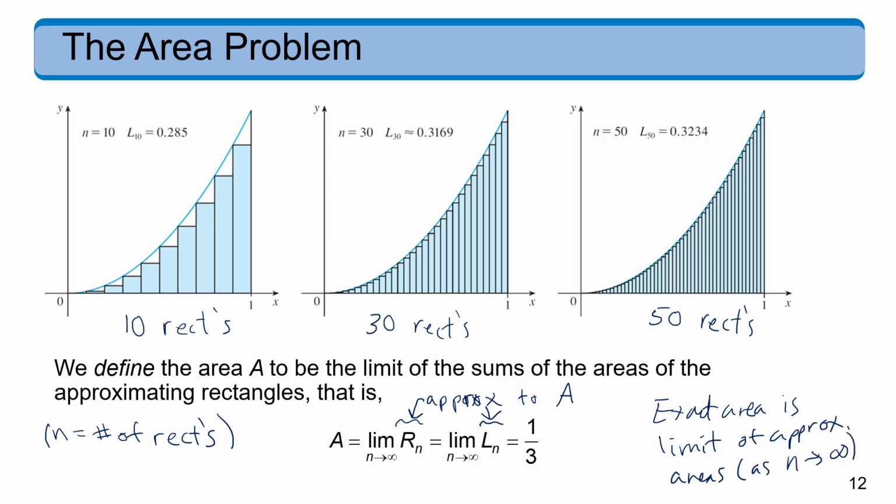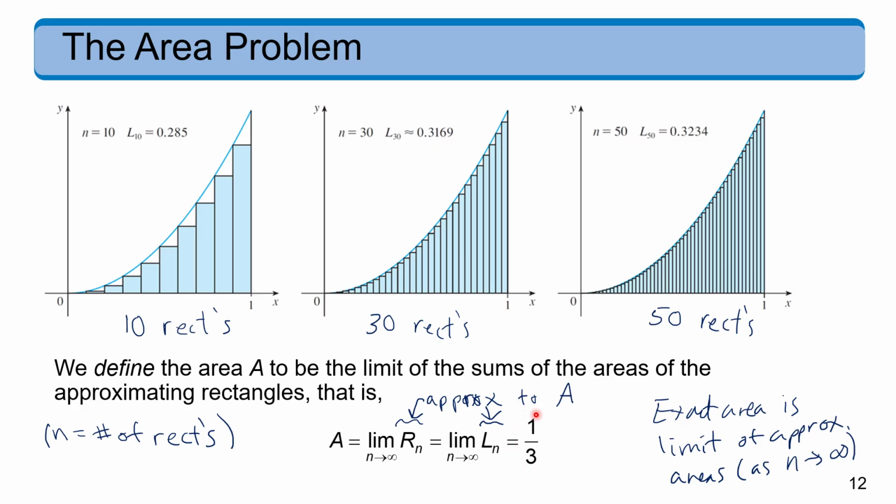I did want to point out, though, that we're really just defining the area to be that. It's not like we found this is the exact answer to the area. It just seems intuitive that this limit process would give us the area we're looking for. So we just define the area to be this limit.